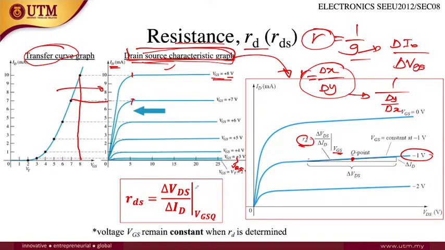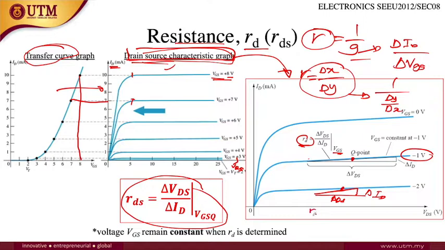These are the formulas, and note that when you want to find RDS, the value of VGS is always at the Q point and always constant. For example, when VGS is minus 2, let's say the Q point is here. It means that you need to draw the tangent line that touches this graph at this point, and then it will be delta VDS here and this is delta ID.